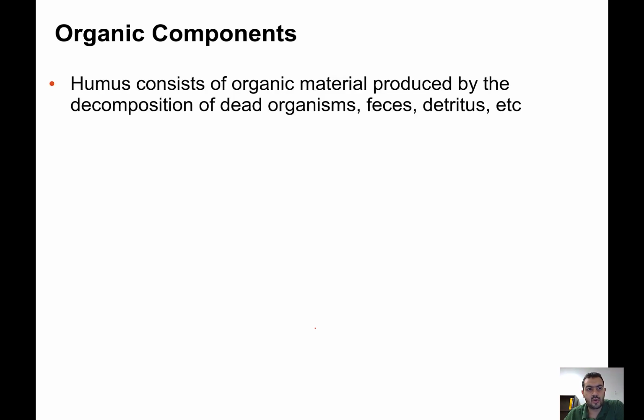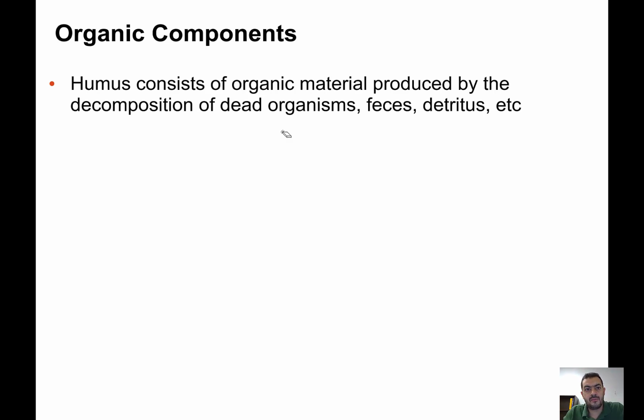Okay, so in the coming slides we are going to focus on the organic components and the inorganic components that are present in the topsoil. In terms of the organic components, we have the humus. As we described it before, it is the organic matter that is produced by the decomposition of dead organisms, feces, and detritus.